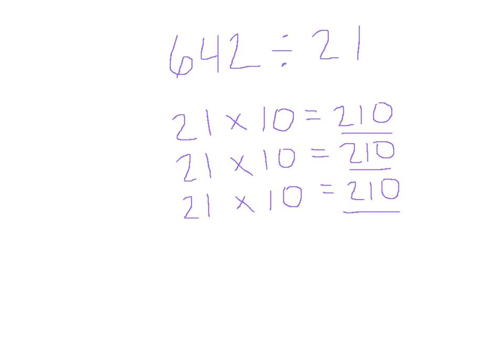But if you need to, you can run that subtraction down the side too. Whatever you need to do to keep track of how much you have taken away from that original dividend. And if you want to keep a little tally, this so far equals 630. So far we have 630, and we're looking at 642.